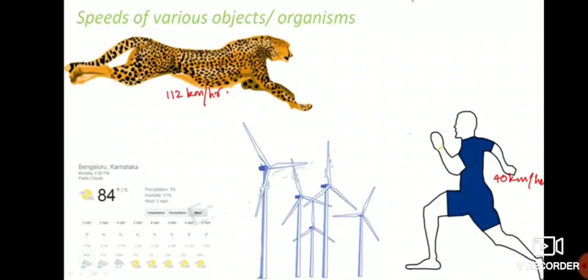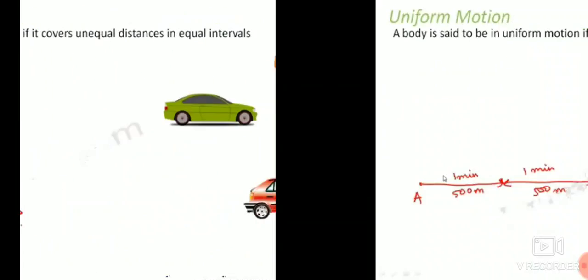Uniform motion means the object covers equal distance in equal intervals of time.